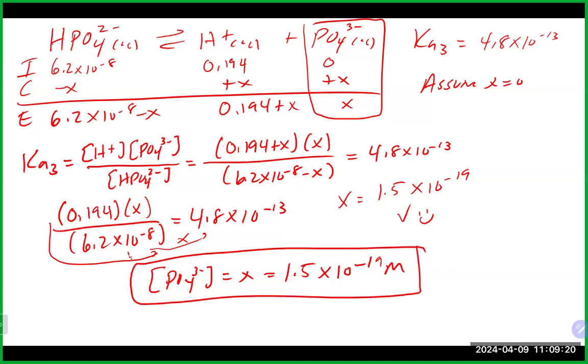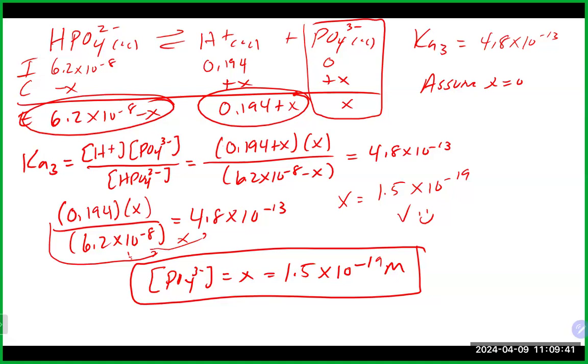Question on that one there. Now, if I put that X value back into here, does the number change? If I take 0.194 plus 1.5 times 10 to the minus 19, it basically stays the same. And if you put that X value back into here, it basically stays the same.